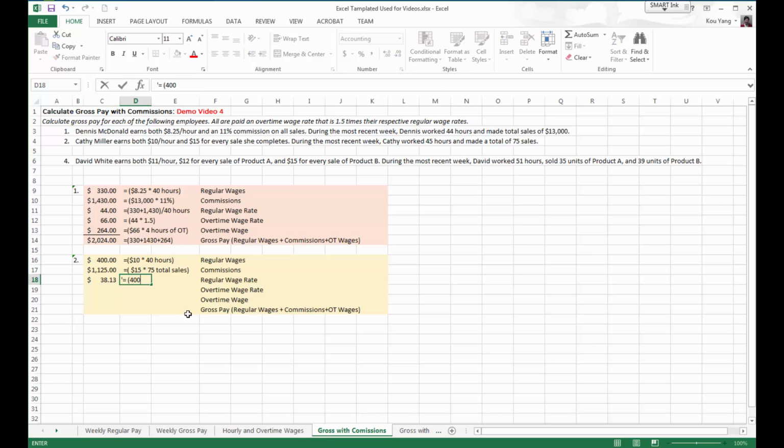Once again, 400 plus the 1125 divided by 40 hours to get the regular wage rate. Okay. Her overtime wage rate. Once again, I'm going to take 38.13 times 1.5, which is the 1.5 times her respective regular wage rate. And the formula is, once again, 38.13 times 1.5.